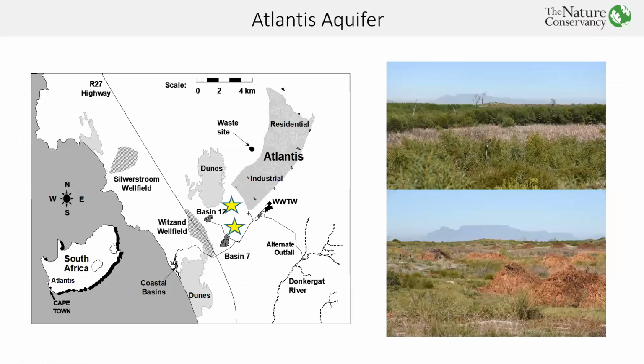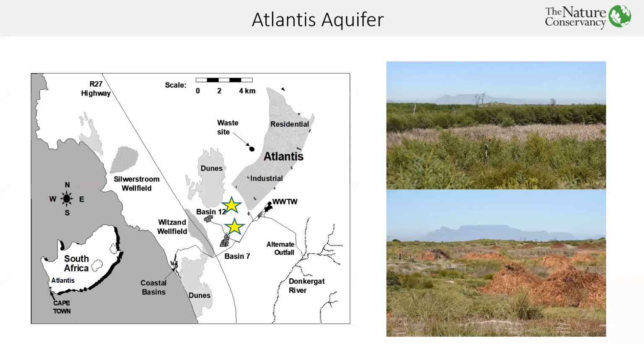Okay, so I spoke about the paired catchments, now I'll be shifting to the Atlantis aquifer area. The Atlantis aquifer is a very interesting place because in Atlantis, they've been successfully operating a managed aquifer recharge scheme for about 4 decades now.